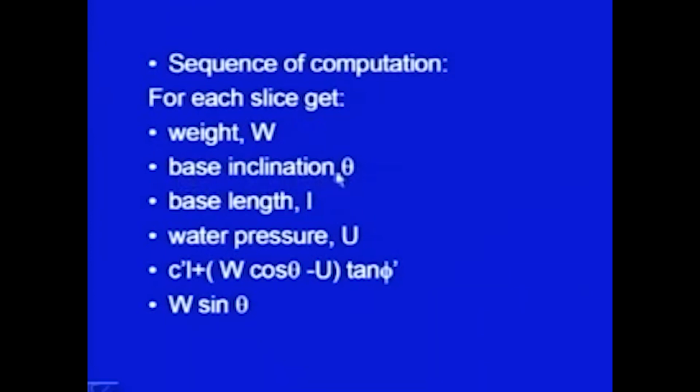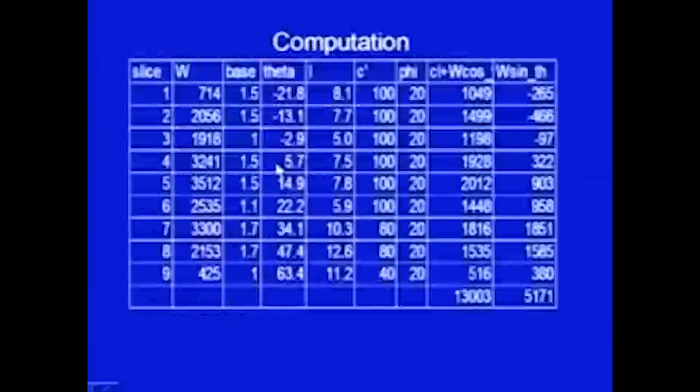So, base inclination theta you can find out. Then base length, either the circular arc or you can take the chord length. Then water pressure is equal to U into L. Then compute C dash L plus W cos theta minus U tan phi dash, and compute W sin theta for each of them. Here I have shown the computations.